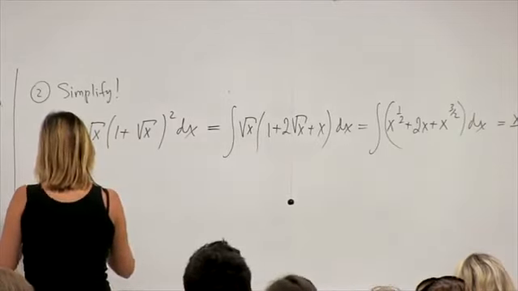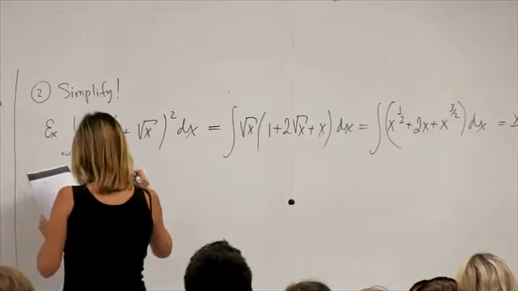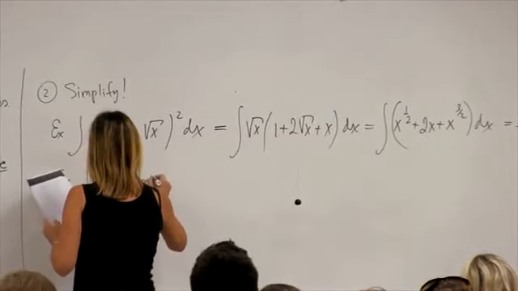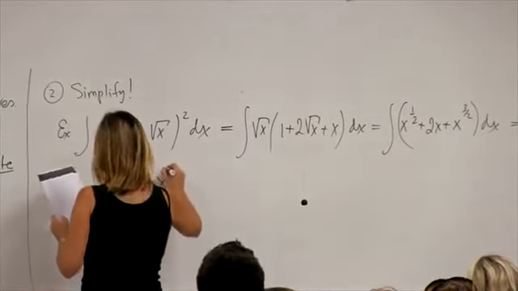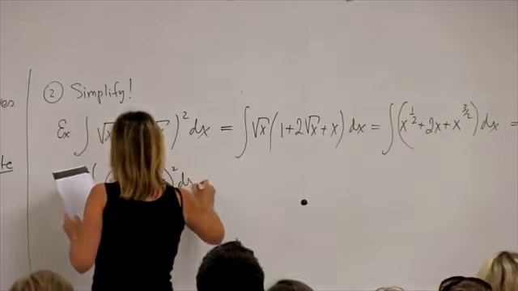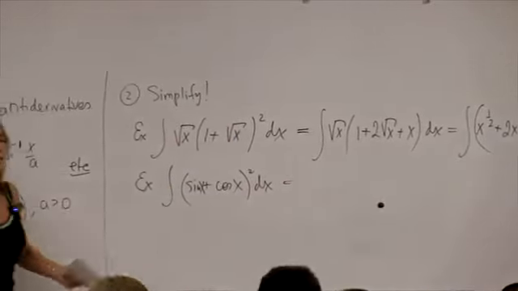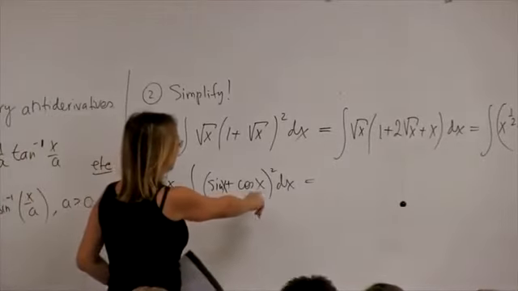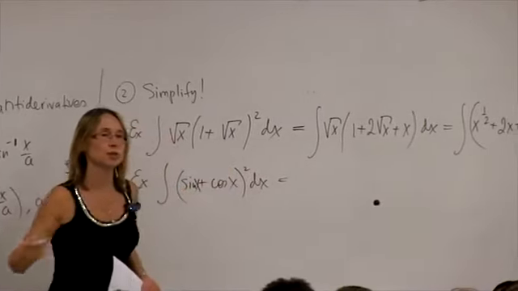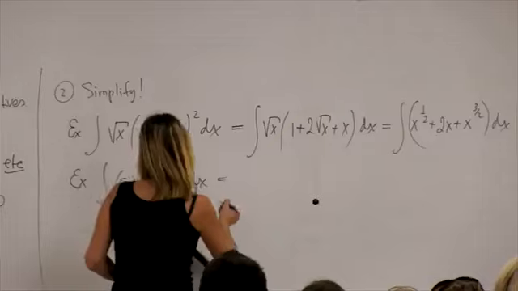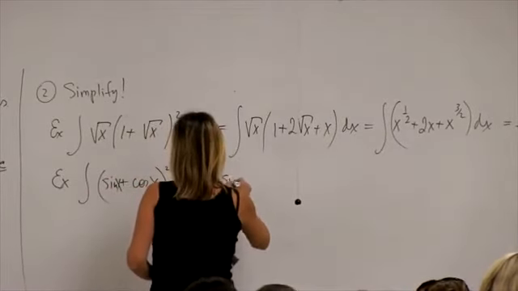I don't know. So this is a good one. Sine plus cos squared. Okay. This looks like nothing. We don't recognize this antiderivative immediately. But again, it's a square of something, so we can expand it and see what we get.